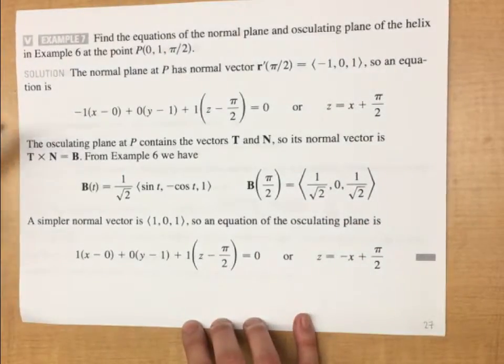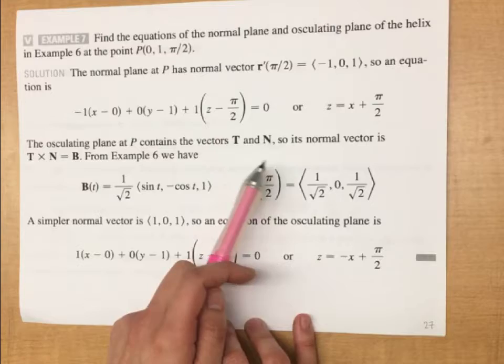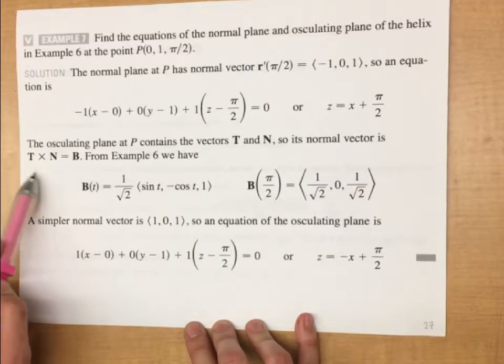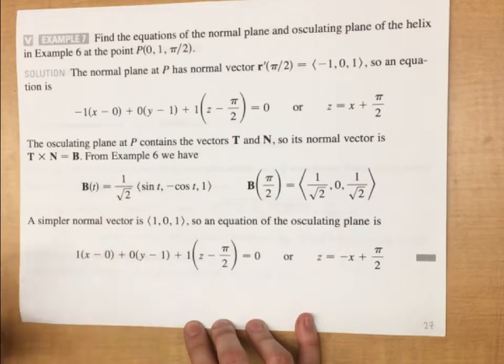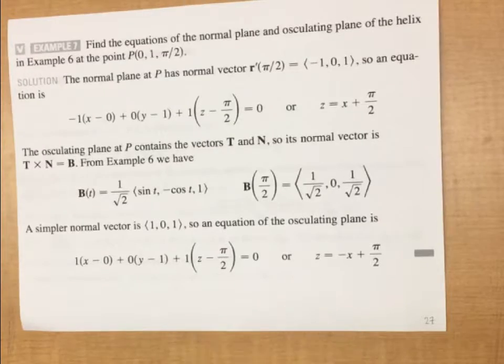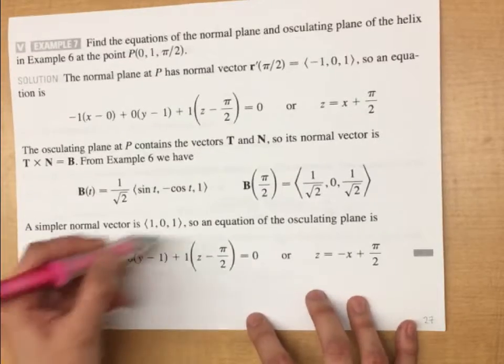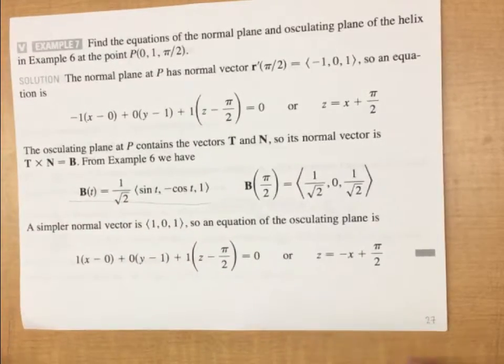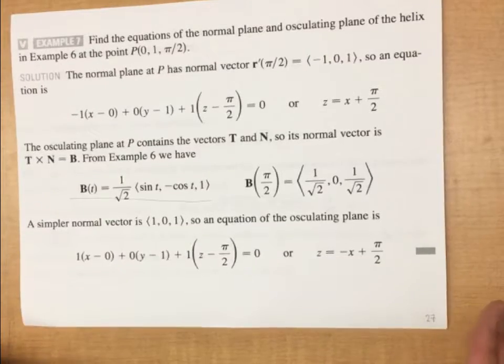And the osculating plane at P contains the vectors T and N, so its normal vector is T cross N equals B. And so from the earlier example that we did, we found that B of t equals 1 over root 2 times (sine t, negative cosine t, 1). And so if we plug in pi over 2, we get (1 over root 2, 0, 1 over root 2).